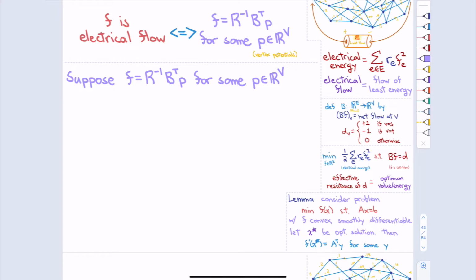So what we're going to do is prove this by comparing it to any other flow. So let g be another flow, so g also routes d.